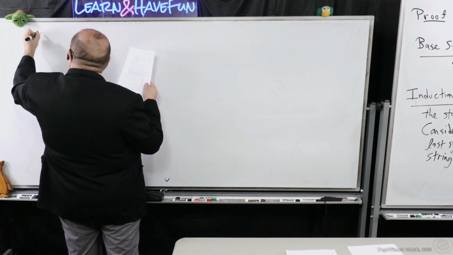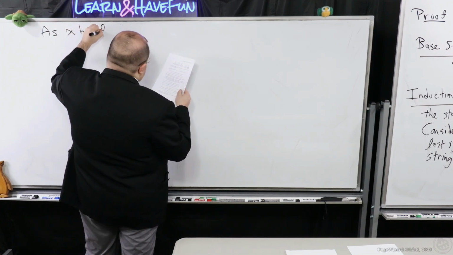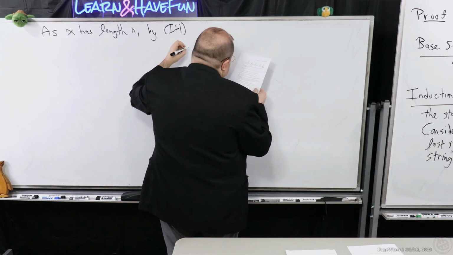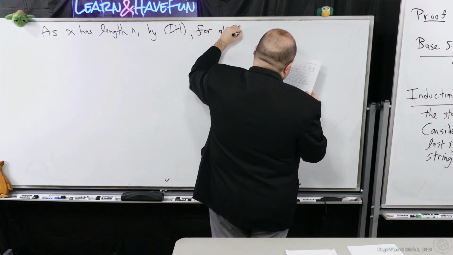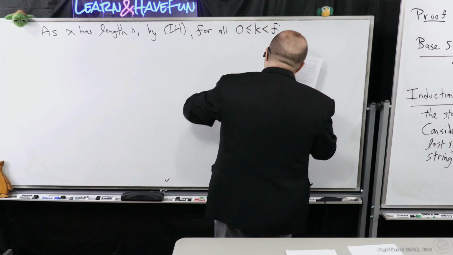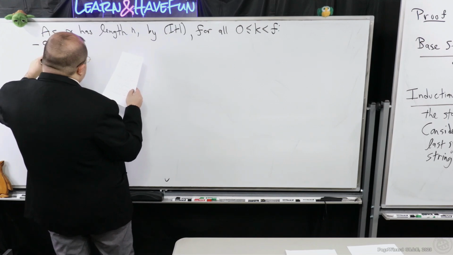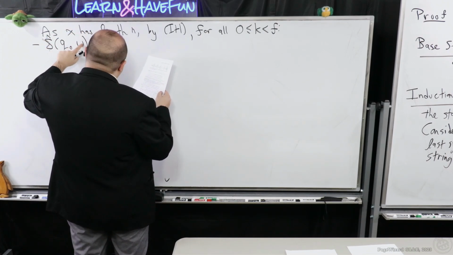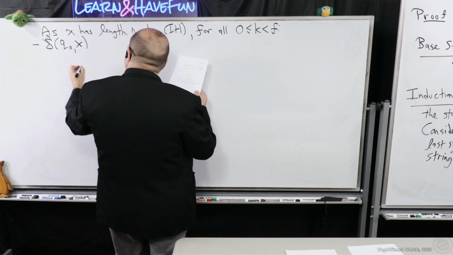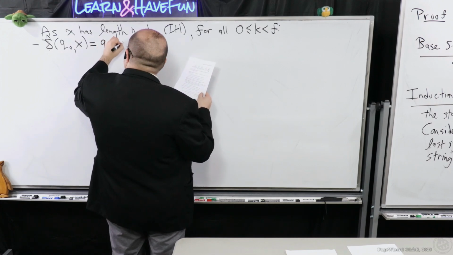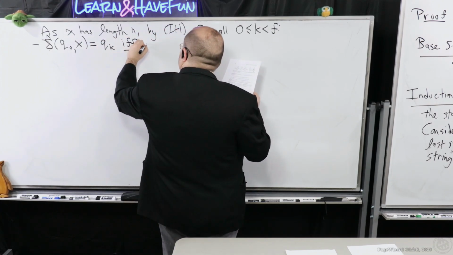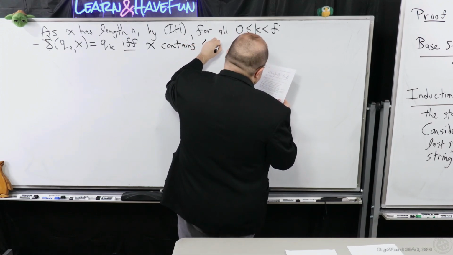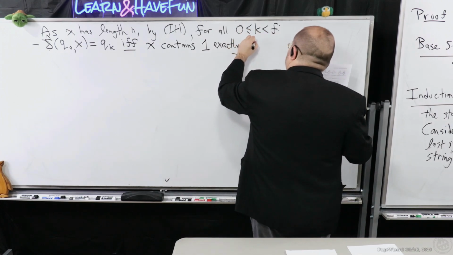So, as x has length n, by the induction hypothesis, for all 0 less than or equal to k strictly less than f, it has to be that delta hat q0 x is equal to qk if and only if x contains 1 exactly k times, right?